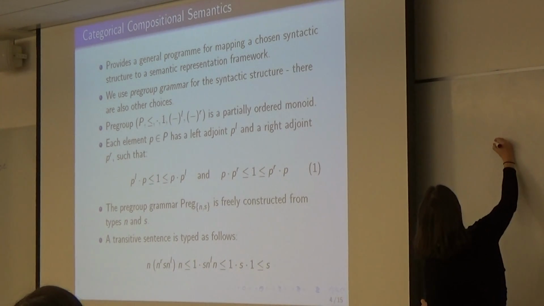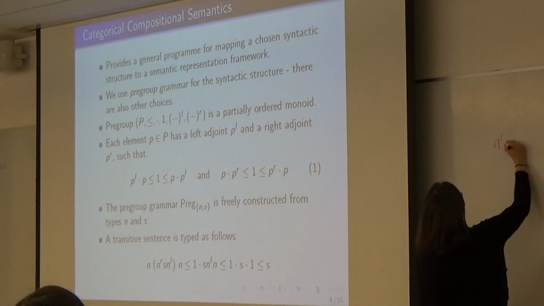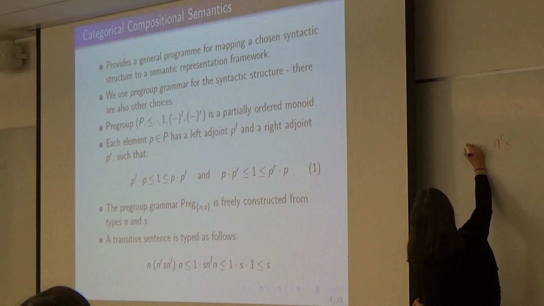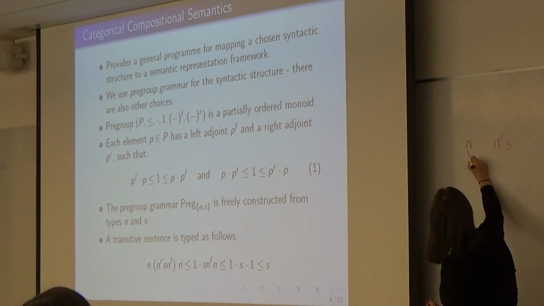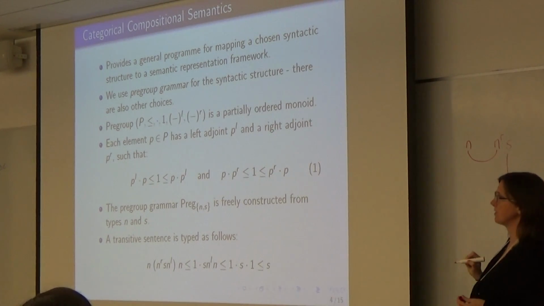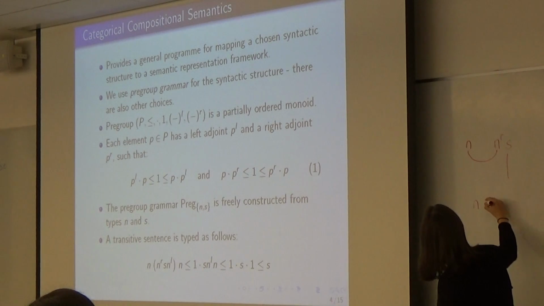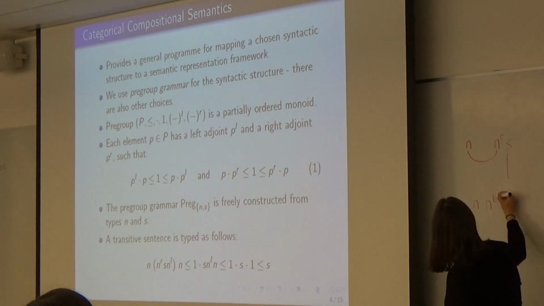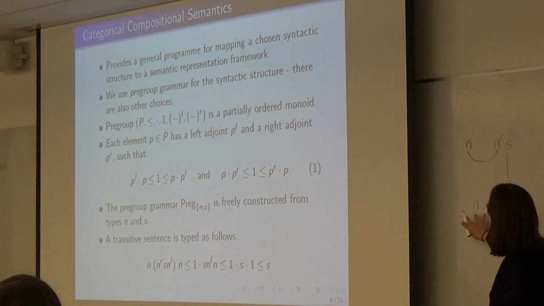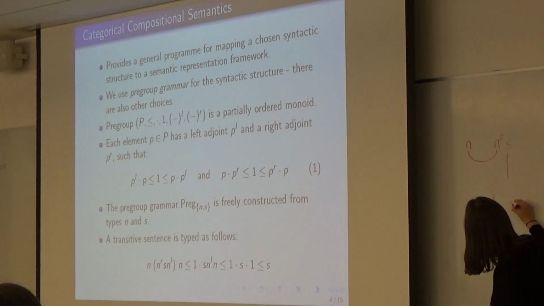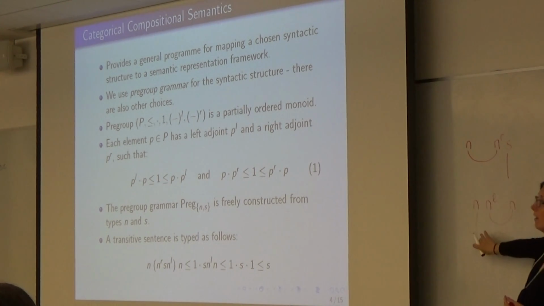So an intransitive verb has type N^r S. Then if you've got "John runs", these guys cancel out, and we get left with an S. Similarly, you can have an adjective, which has type N N^l. And then this might be "yellow car". Then these guys cancel out, and you get left with a noun.